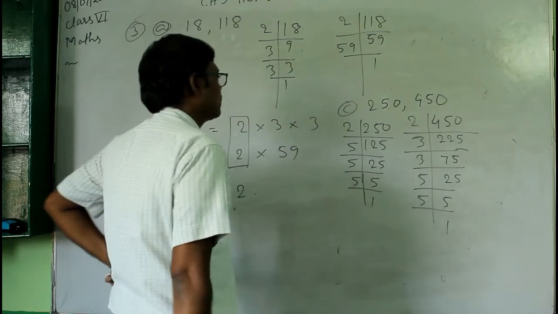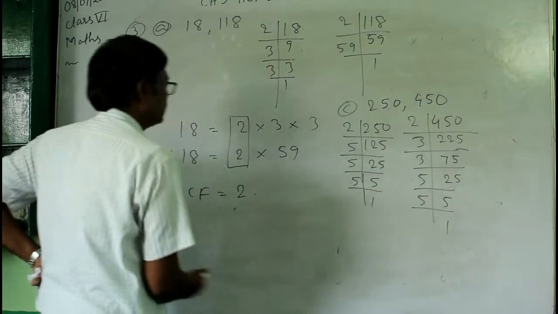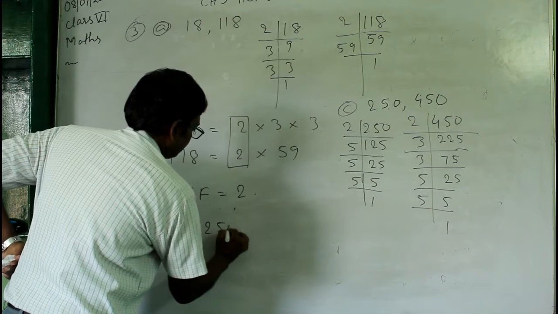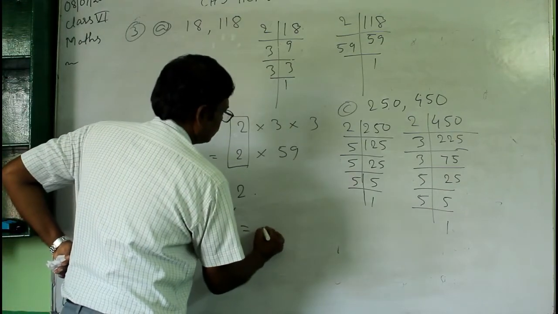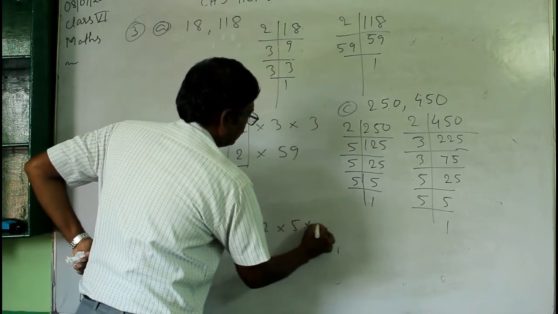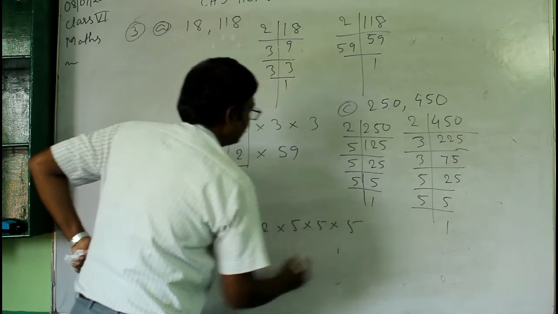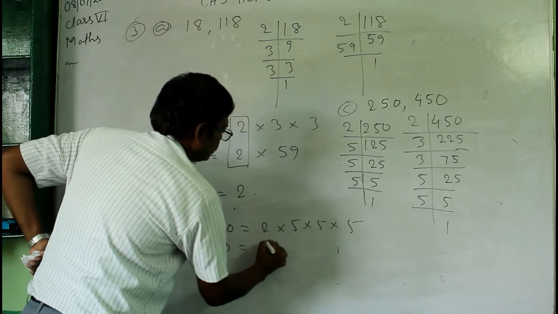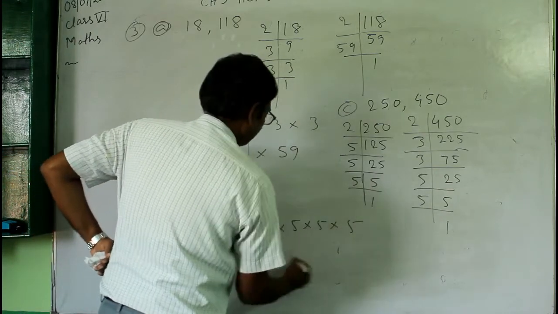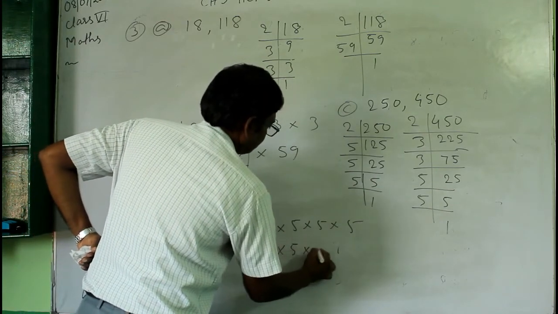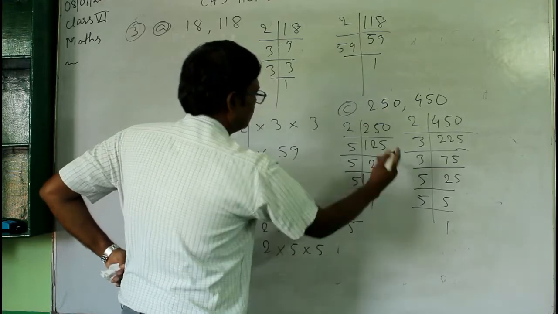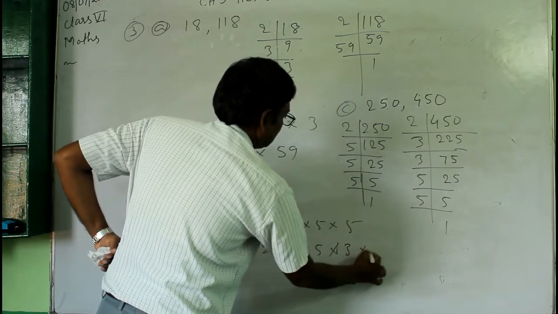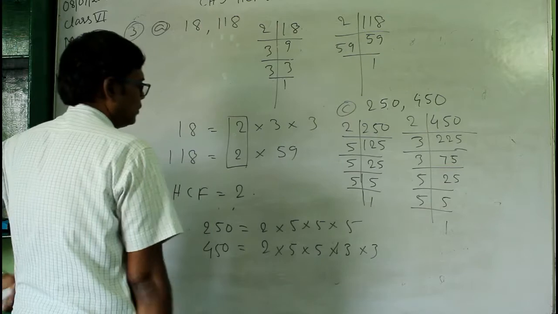This is the factorization of these two numbers. Then you will write that 250 equals 2 into 5 into 5 into 5. And 450 equals 2, and also 5 and 5, so write 5 here, and then write 3 and 3.